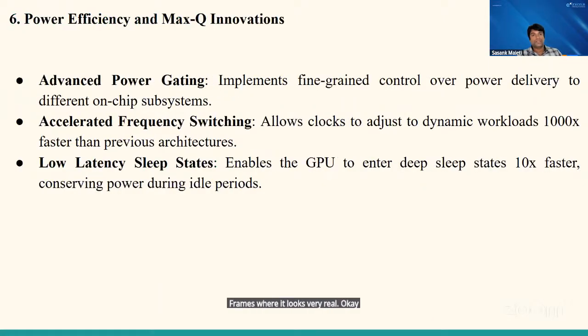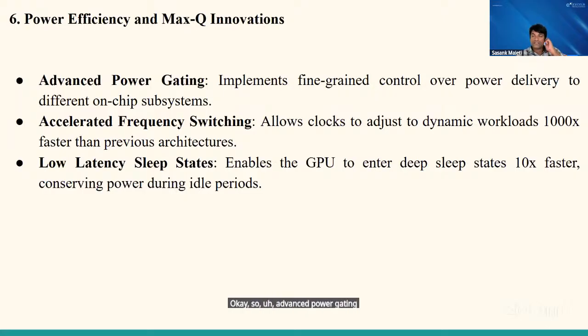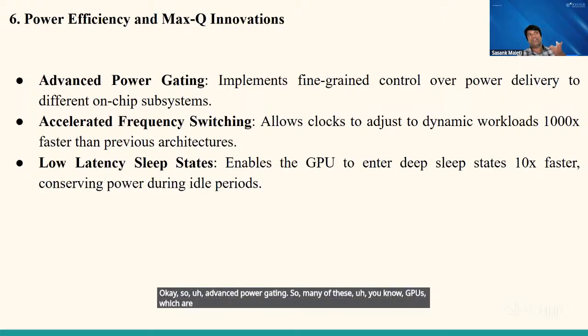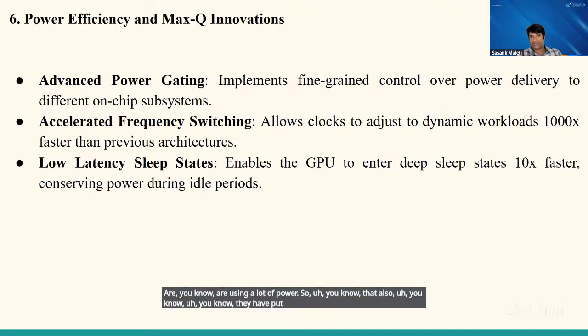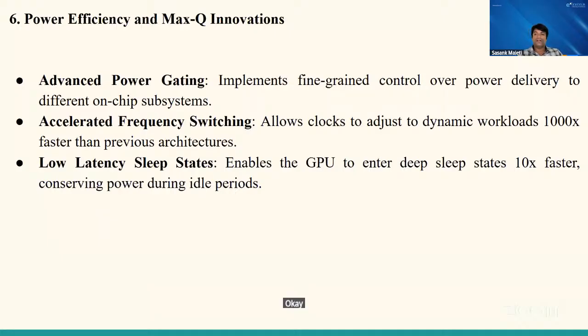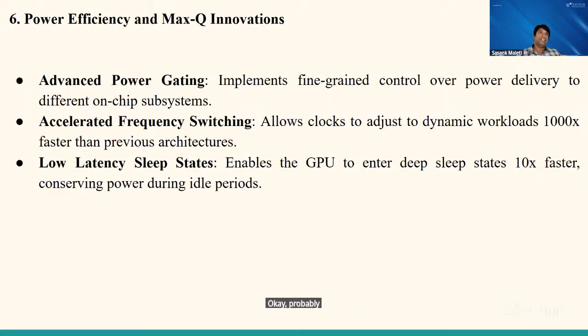Next is the power efficiency and the Max-Q innovations, with advanced power gating. Many of the GPUs launched with this Blackwell architecture use a lot of power, so they have put in the Max-Q technology in order to reduce power consumption and to process faster using less power, because there is something called latency. Probably in TVs when you are buying, you would have seen auto latency.